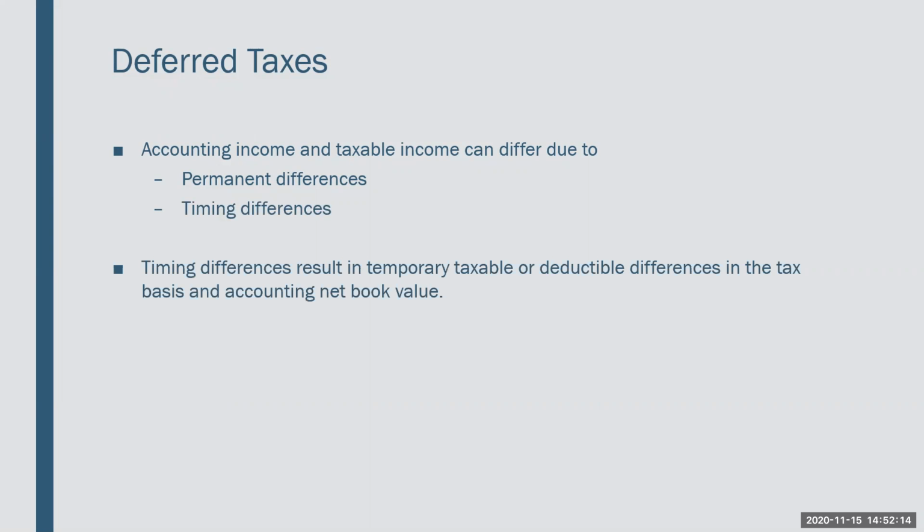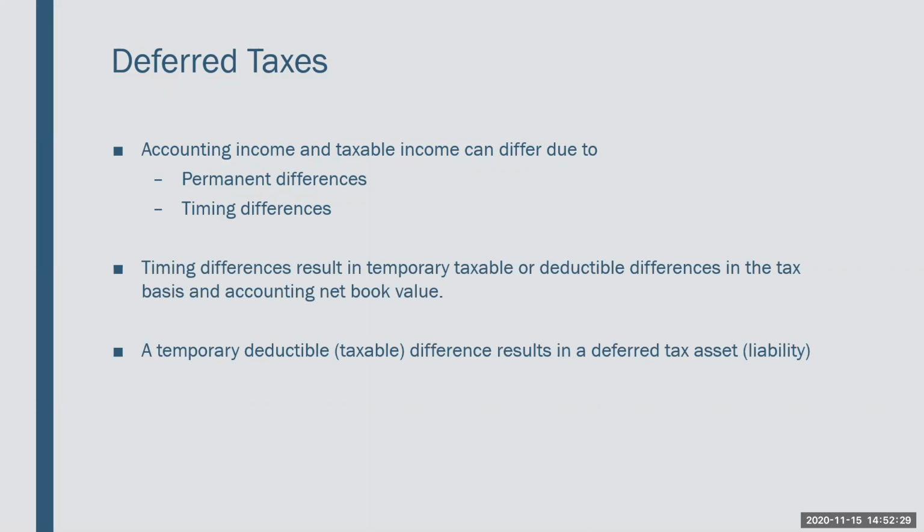It is the timing differences which result in temporary taxable or deductible future differences in the tax basis and the accounting net book value. And this amount of the temporary taxable or deductible difference multiplied by the future tax rate gives us the deferred tax asset or liability.